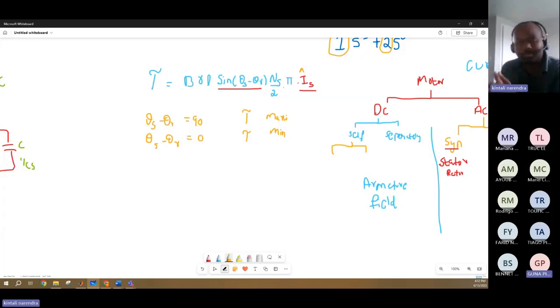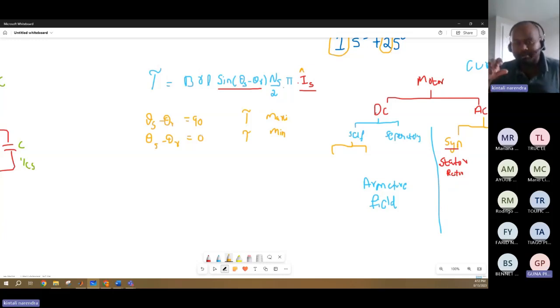So we apply the power to the stator, and we have a rotating magnetic field. On the rotor we have a permanent magnet.